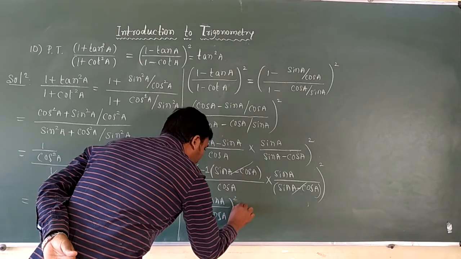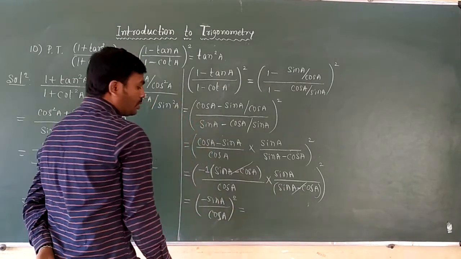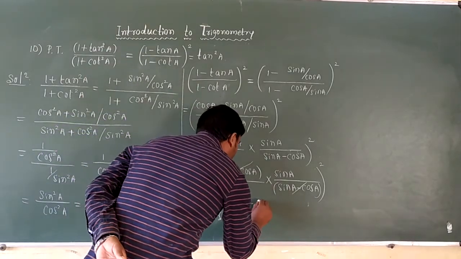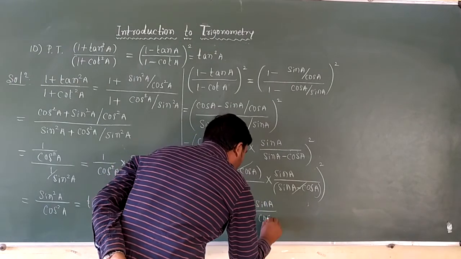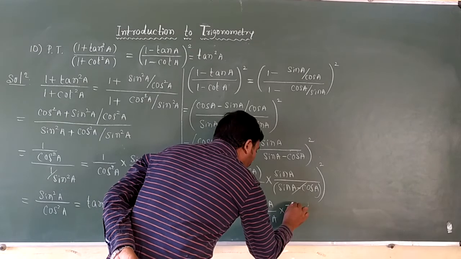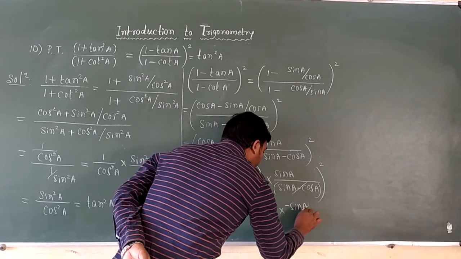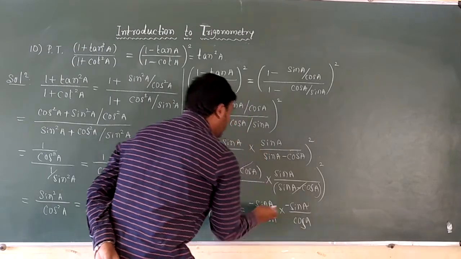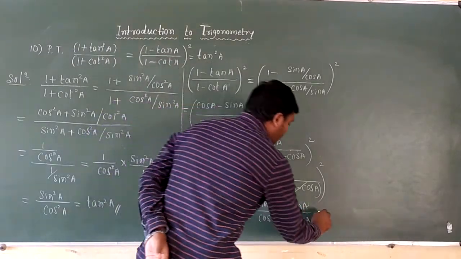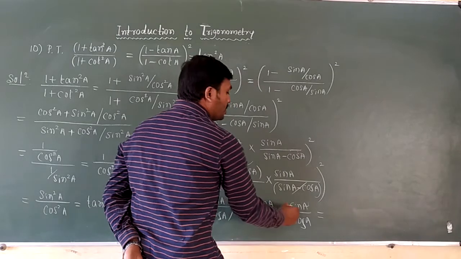So this is equals to, simplify it, minus sin A divided by cos A into minus sin A divided by cos A, whole square means we have to multiply these two times. So this is equals to, minus into minus is what?